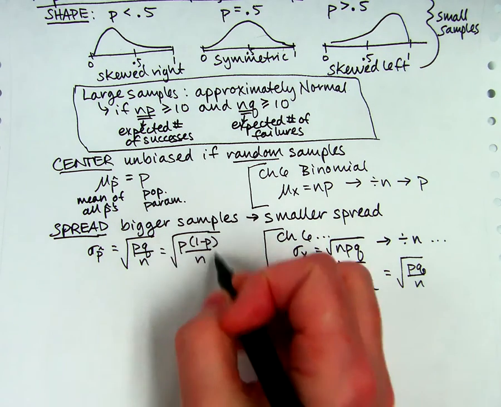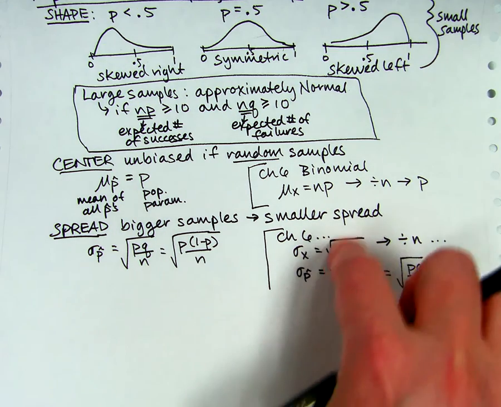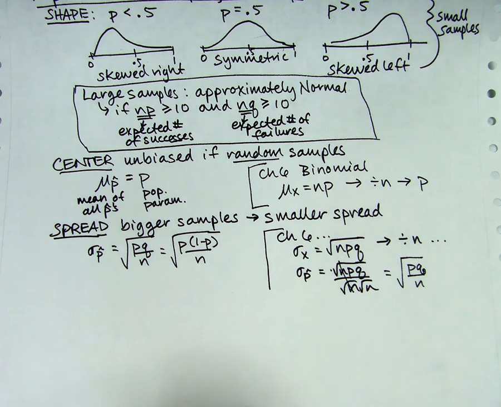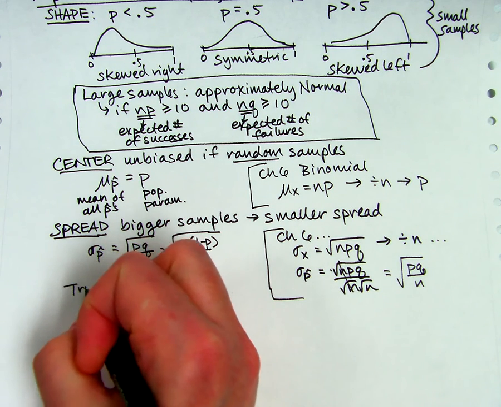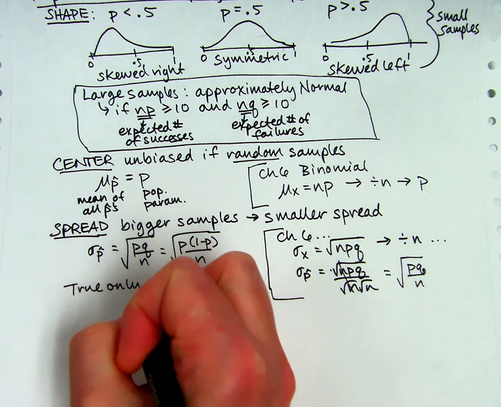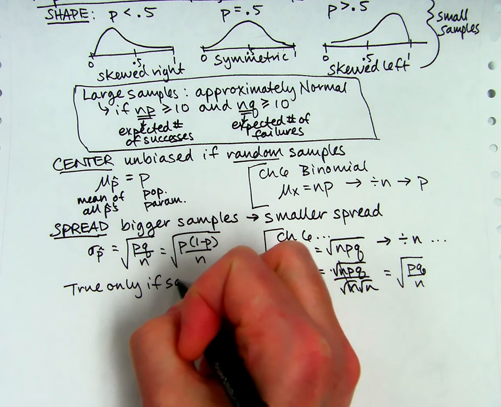This whole thing is based on the assumption of a binomial distribution, which has to have independent samples. So this formula is true only if the samples are independent.